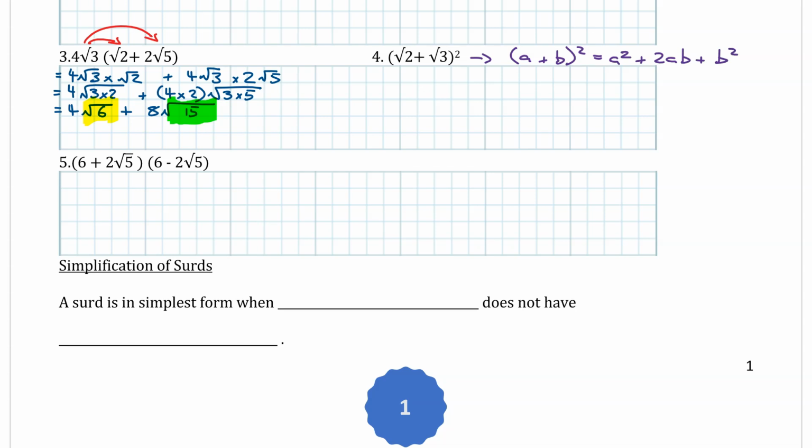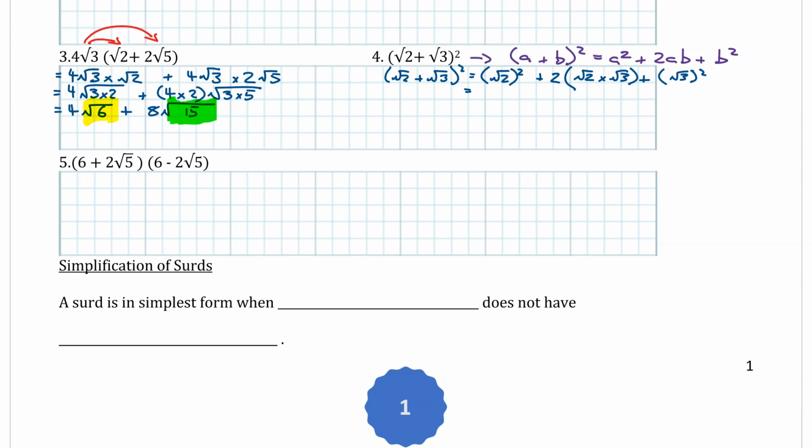Now using this form, we can go shorthand and say a squared, so root 2 all squared, plus 2 times root 2 times root 3, plus b, so in this case root 3 all squared.